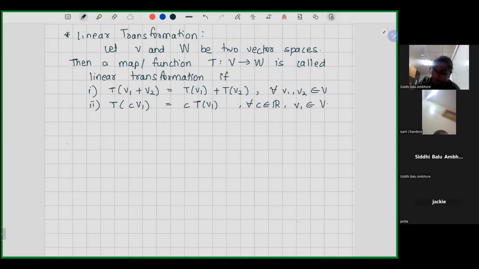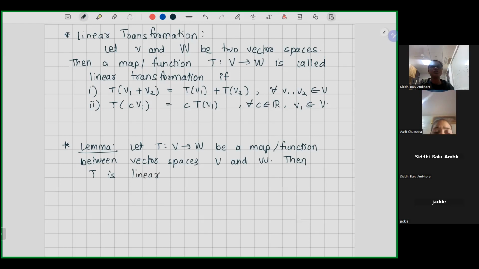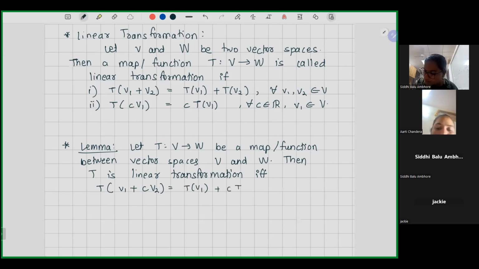And for this linear transformation, we have proved one lemma in the lectures, if you remember, that says: let T from V to W be a map or function between vector spaces V and W, then T is a linear transformation, and when I say linear transformation, it means it should satisfy these two conditions, 1 and 2 written above, if and only if T of V1 plus C V2 is equal to T of V1 plus C T of V2 for all V1, V2 in V and for all C in R. Okay.